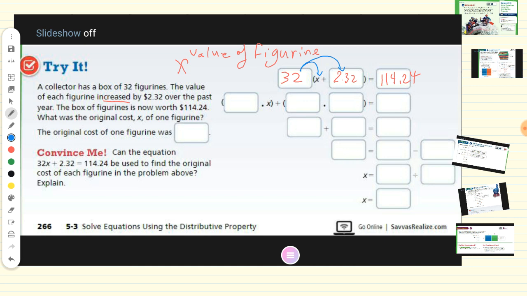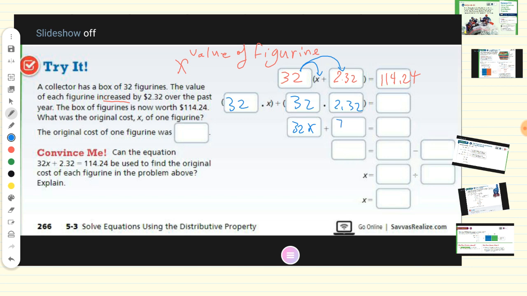First we will multiply 32 by x. It will be 32x, and 32 multiply 2.32. Let's finish multiplying. So the first term here is 32x, and multiplying these two numbers is easy to do.